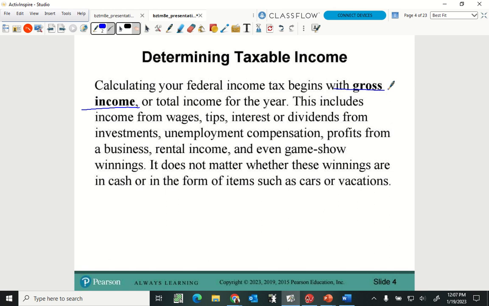The reason that's gross is because you don't bring home that much money. There's a big chunk of money that's taken out. Your gross income is before taxes. It's gross to see how much taxes take out.